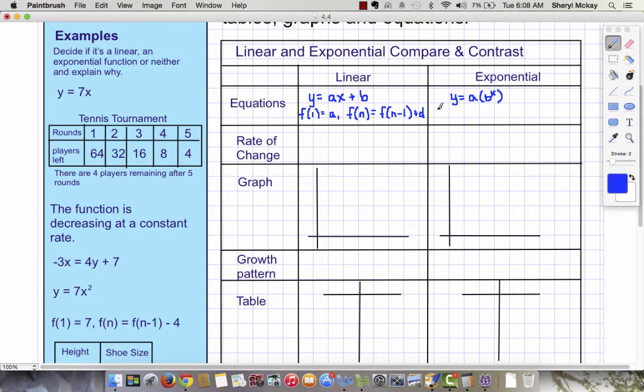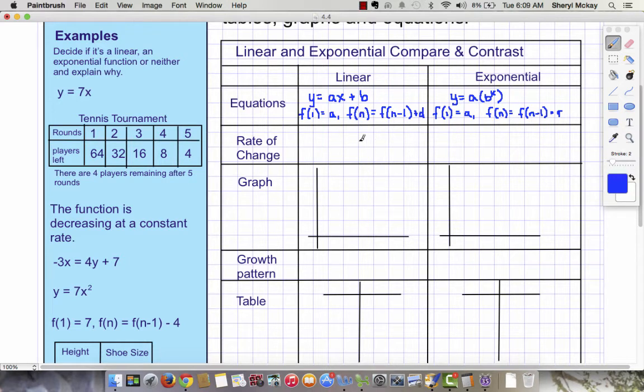And then our recursive looks something like this. F of 1 equals a1 and f of n equals f of n minus 1 times the constant ratio. All right? So that is some of our equations.